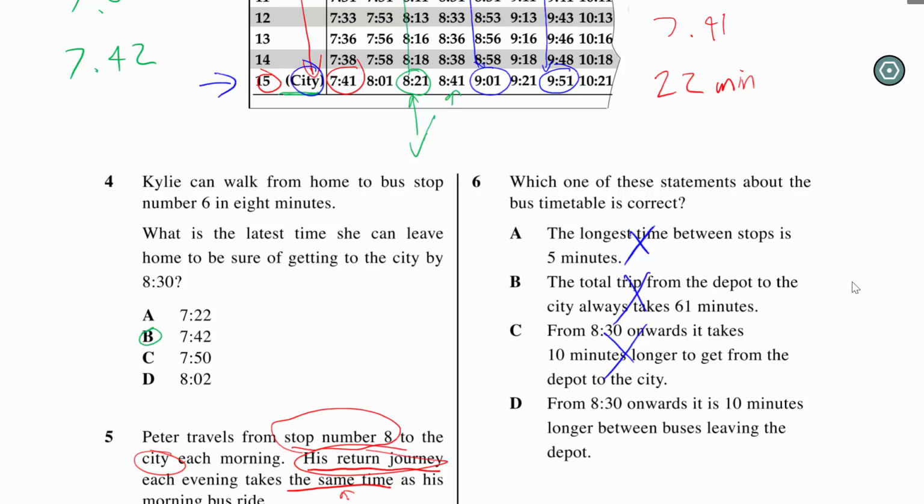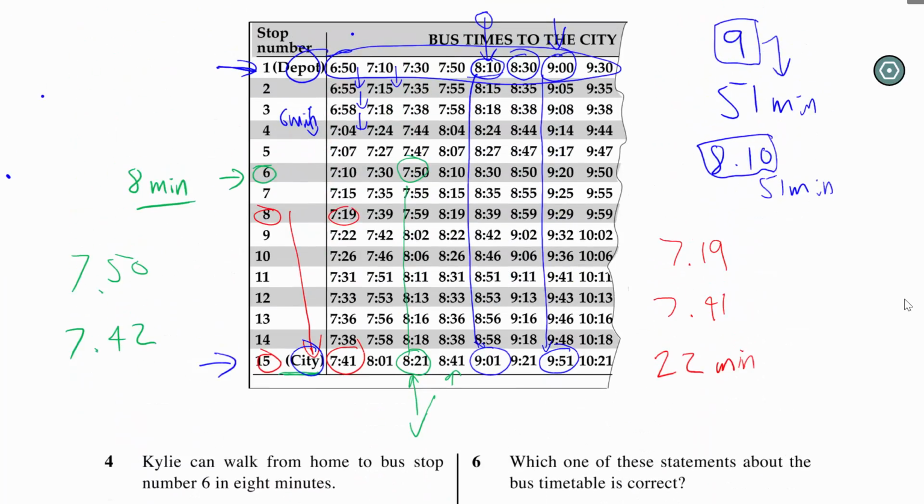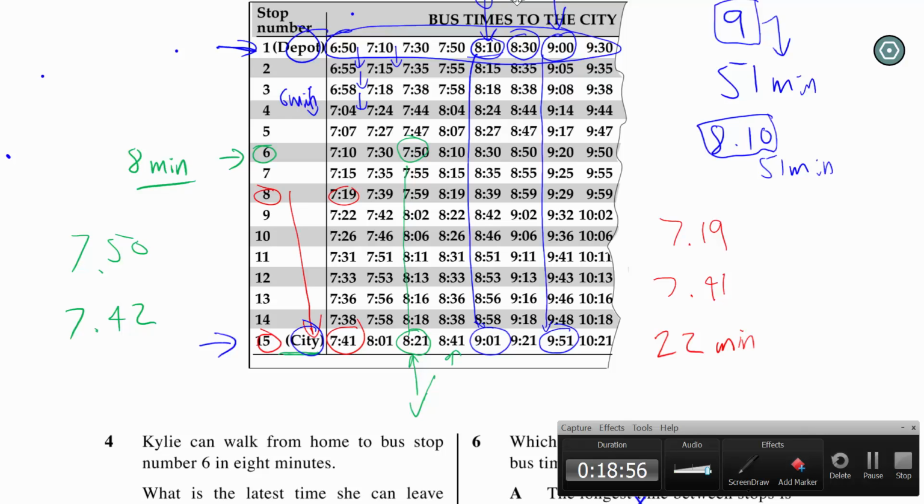So let's do it. From 8:30 onwards, it is 10 minutes longer between buses leaving the depot. So again, we're going to do the same thing. Let's use a time before 8:30. So 8:30 is here. And we're going to use a time before 8:30. So let's use 7:30 and 7:50.